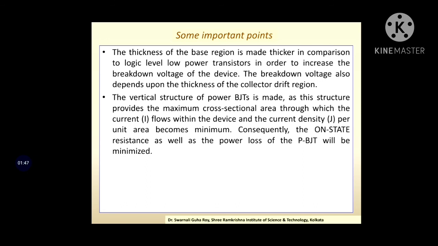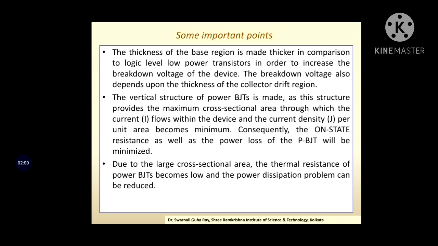That is, the vertical structure is one of the solutions made to minimize the power loss of the power BJT. Thirdly, due to the large cross-sectional area, the thermal resistance of the power BJTs becomes low, and the power dissipation problem has been reduced.